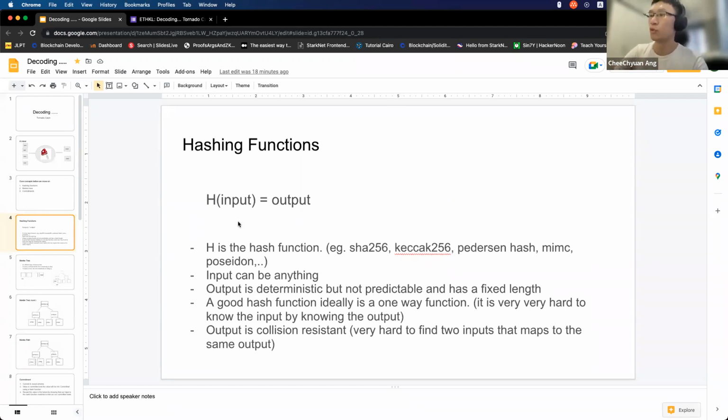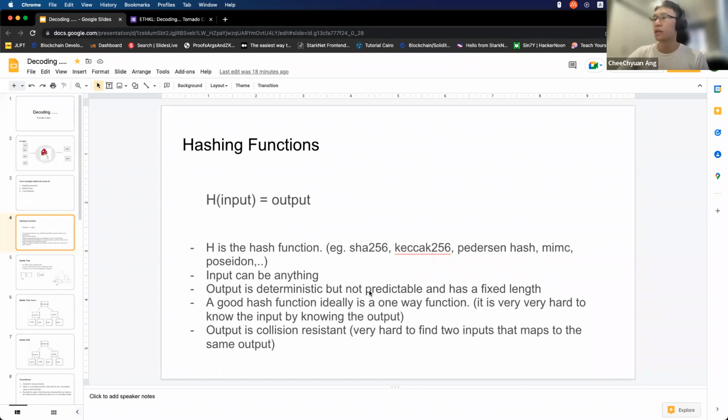So the same input will always return the same output, but the output is non-predictable and has a fixed length. In the case of SHA-256, the output will always be 256 bits, and regardless of the length of the input, the output will always be the same bit length. That is one of the criteria for a good hashing function.